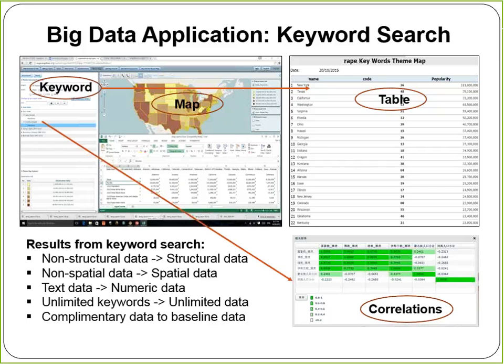So you can find, for example, football and what its correlation is with the universities, with the students, or with different revenue. This provides a sample of how to integrate big data with the base data for online analysis.